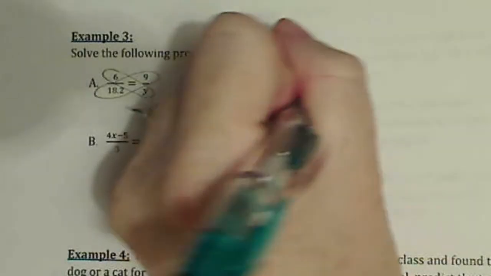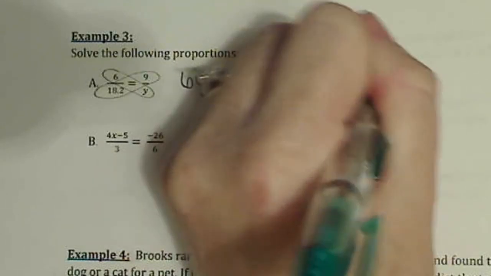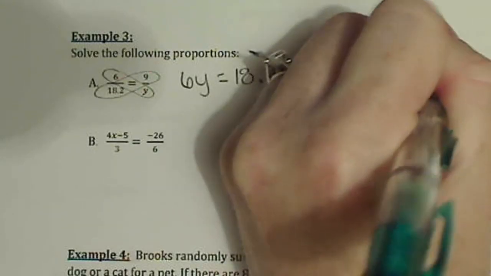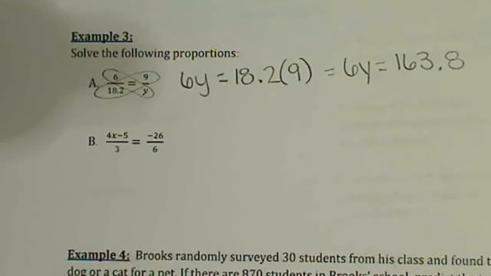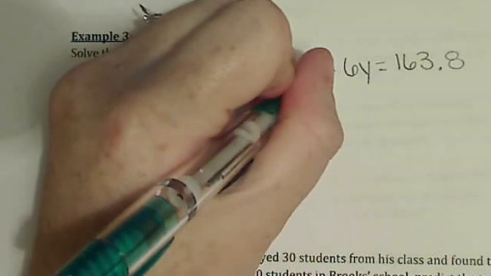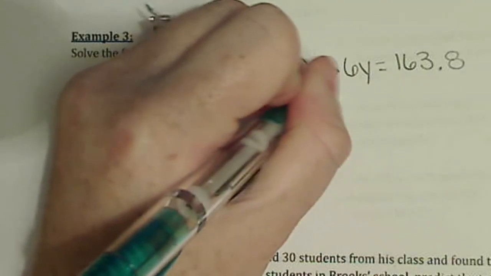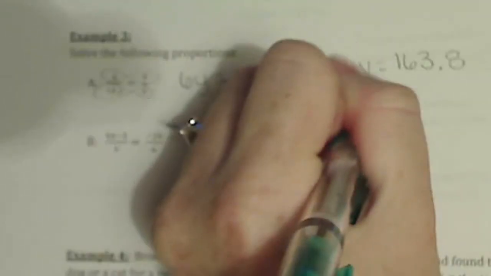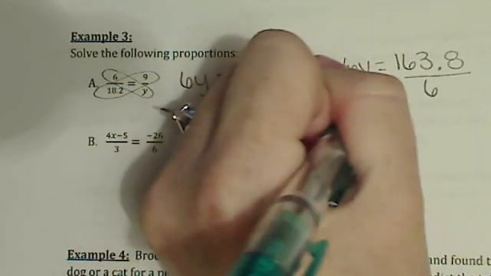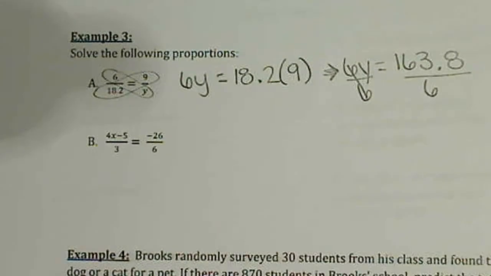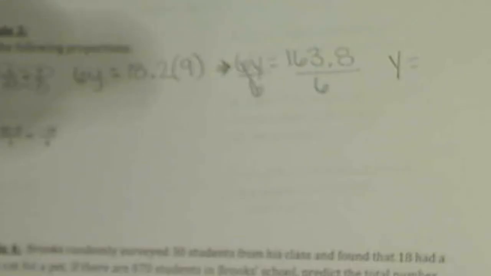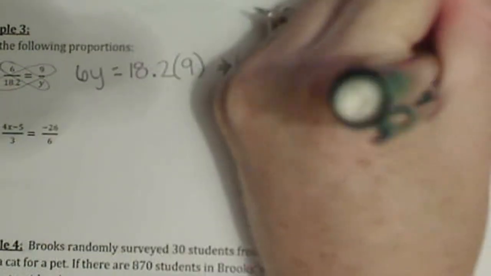Let's simplify. 6y equals 163.8. How do we solve for y? Divide by 6. y equals 27.3.